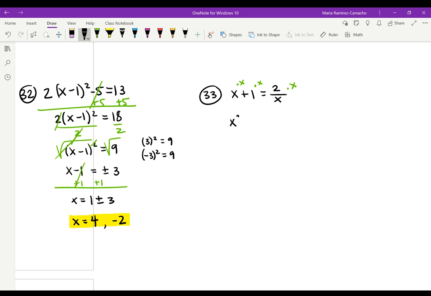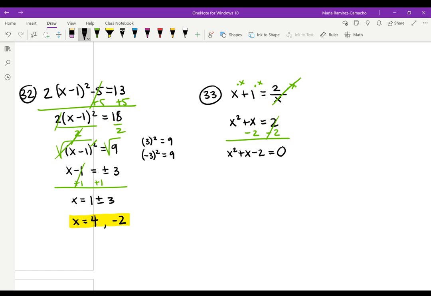So that's going to be x squared plus x equals 2, because these x's cancel out. So no more fractions. That's good. Let's get all the terms on one side and have this equation set equal to 0. X squared plus x minus 2 equals 0.